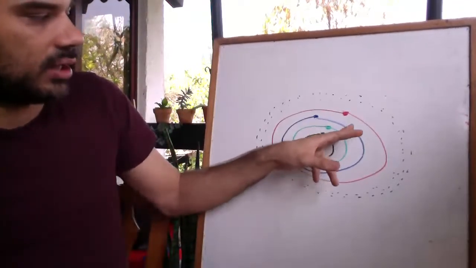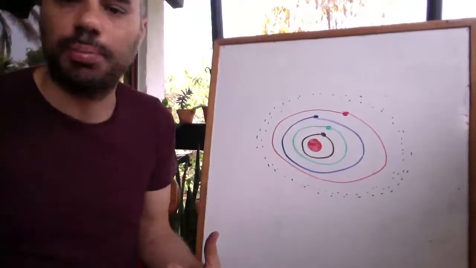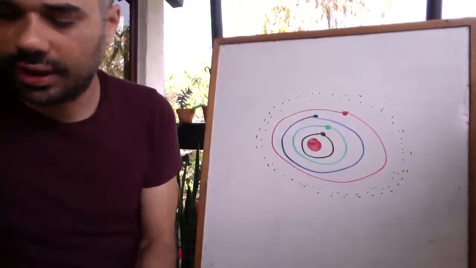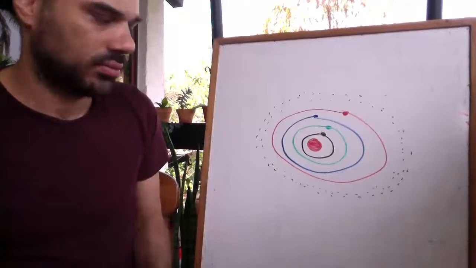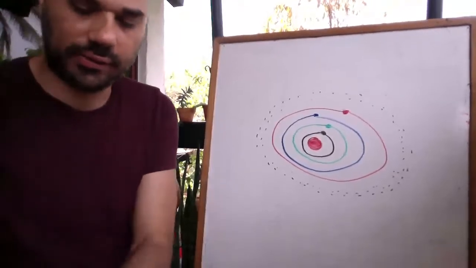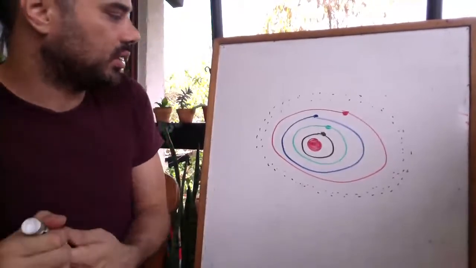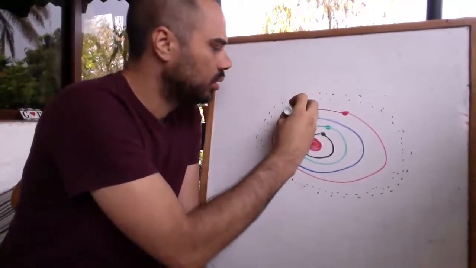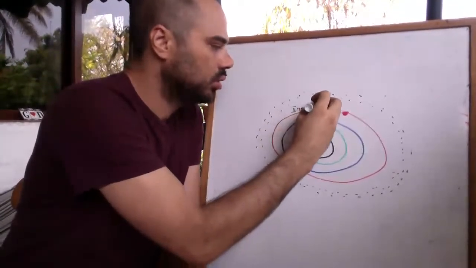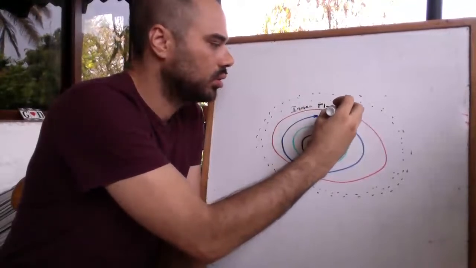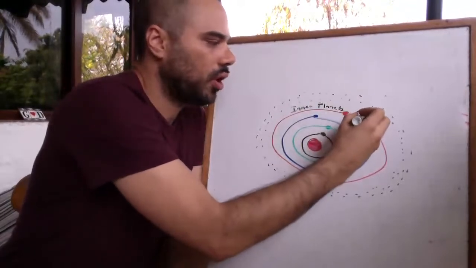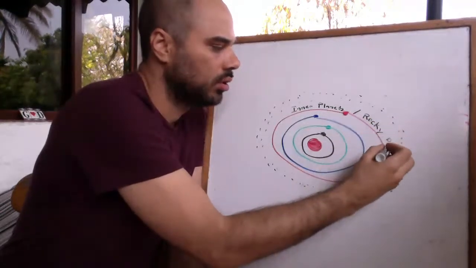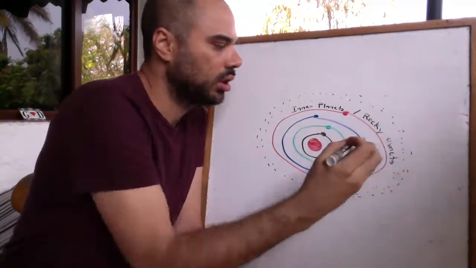After these 4 planets, which are called the inner planets or the rocky planets, we have the gas giants. Okay, so let me label this the inner planets, or the rocky planets. Why rocky?